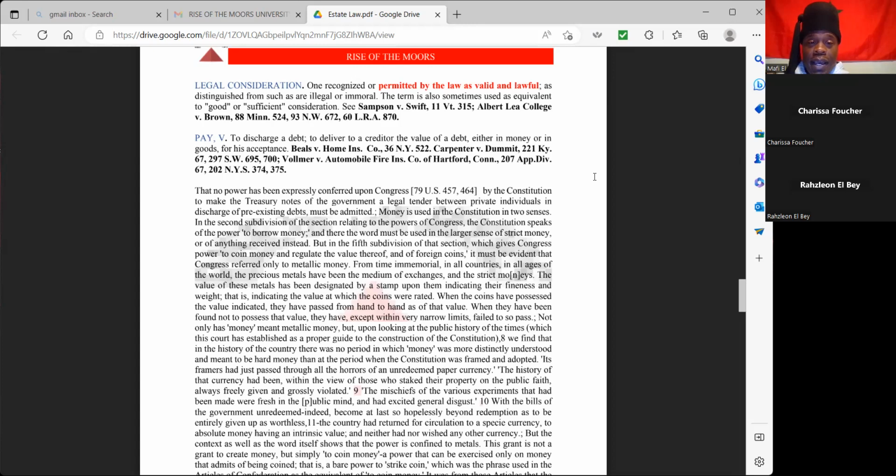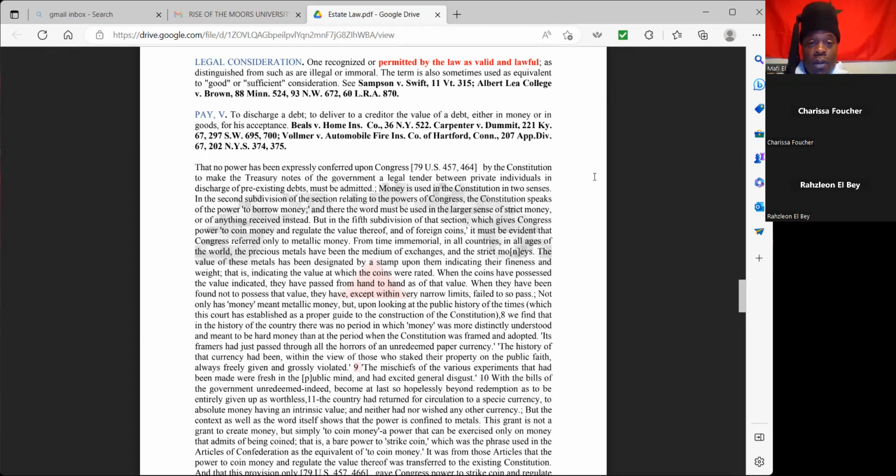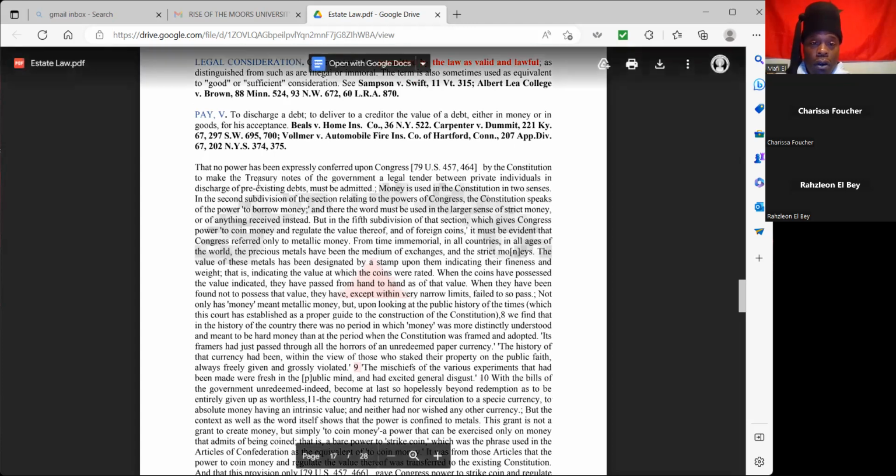So as you can see, pay has the elements of acceptance, discharging a debt, and delivering to the creditor something of value, so it's either money or something to accept it.